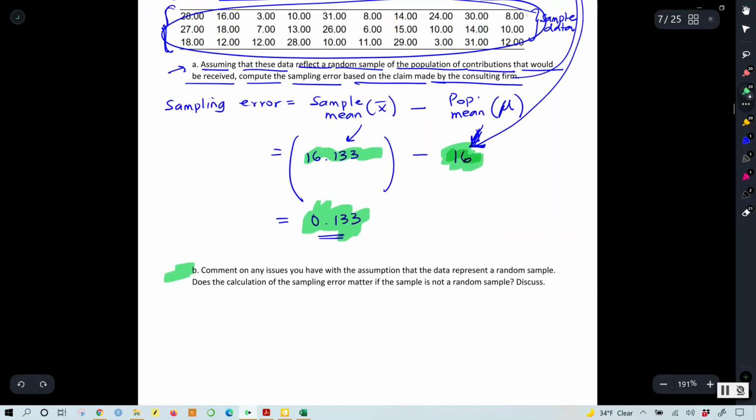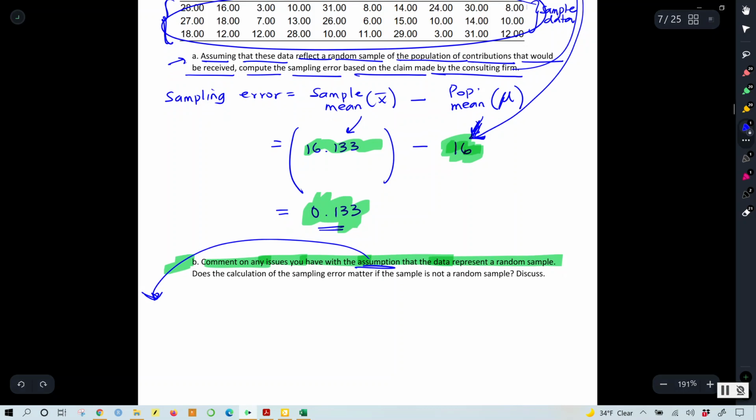In statistics, nothing is perfect. And so we want to comment on any issues you have with the assumption that the data represents a random sample. Well, here it is. When you make that assumption and you have no way to verify or validate it, we have to state that as a caveat in our results.